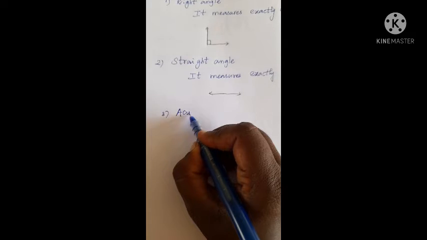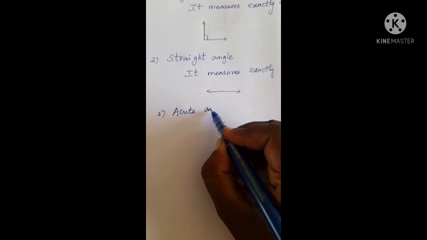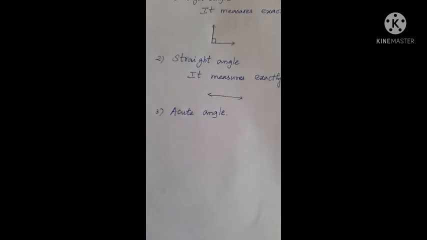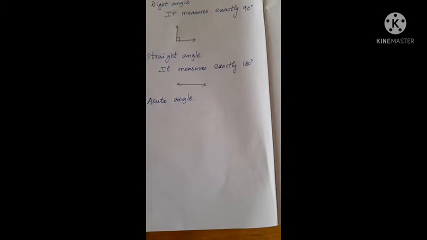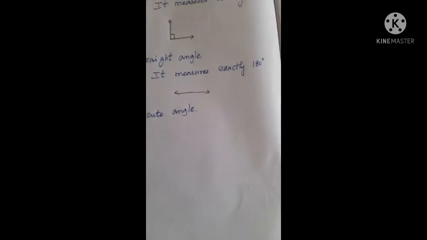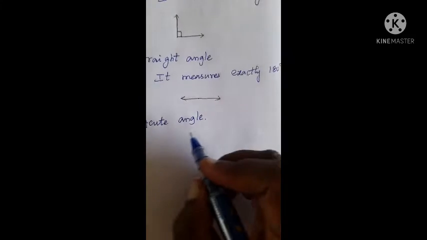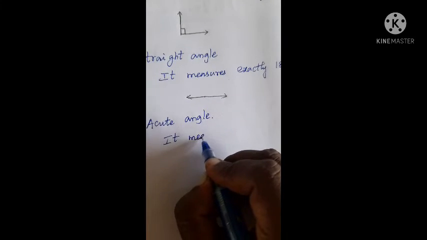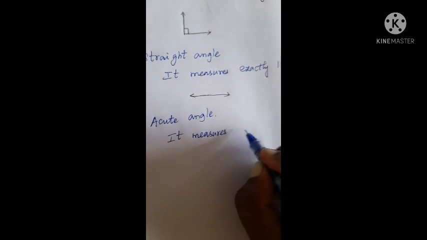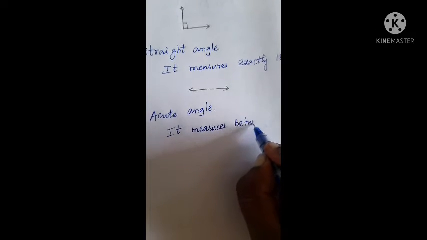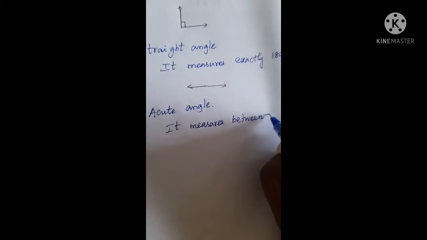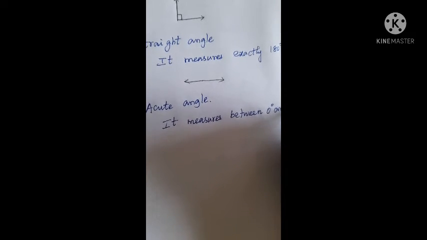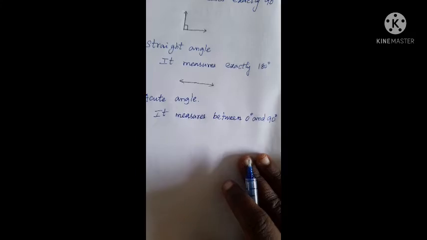Next, third one is acute angle. An acute angle is an angle that measures between 0 degrees and 90 degrees.